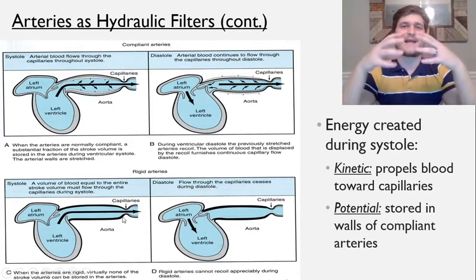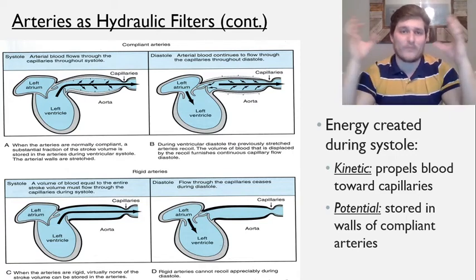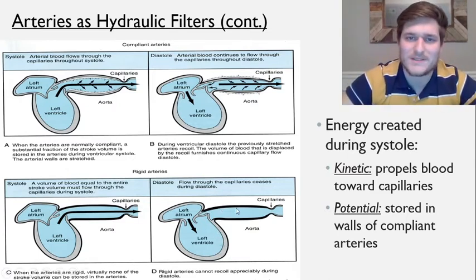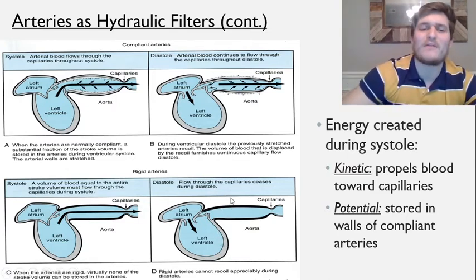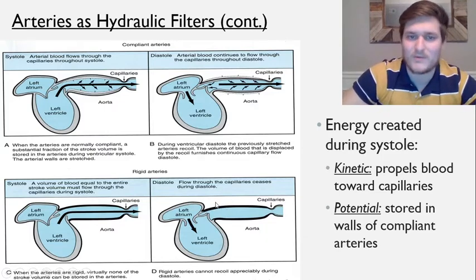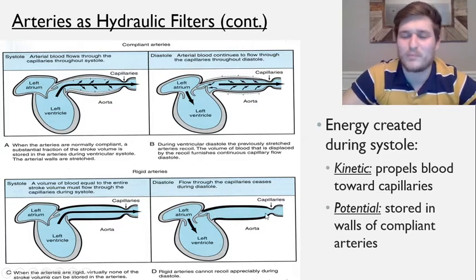We're losing that elastic component, and therefore losing the benefits of flow that we get from that recoil. And so during diastole, what we are going to see is that blood flow is going to decrease. And so we don't get that recoil, we don't get that continuous movement of blood flow.